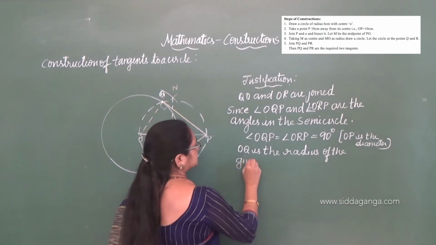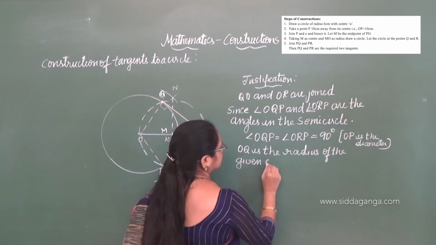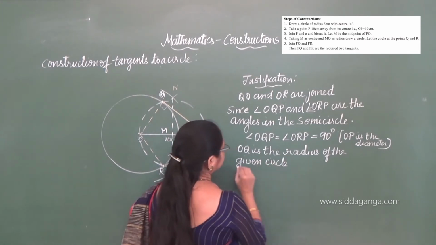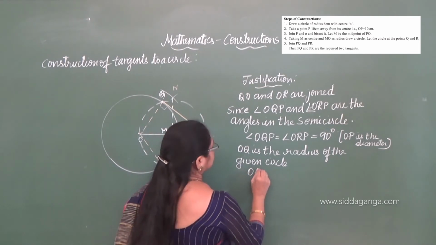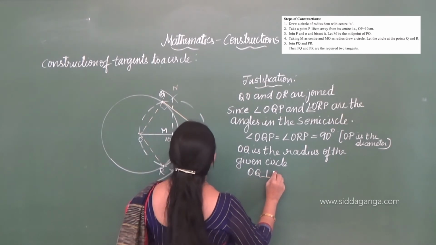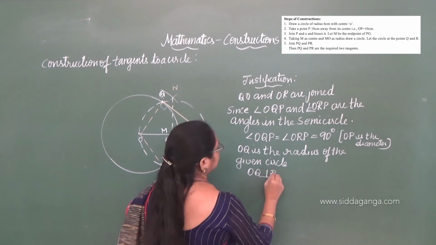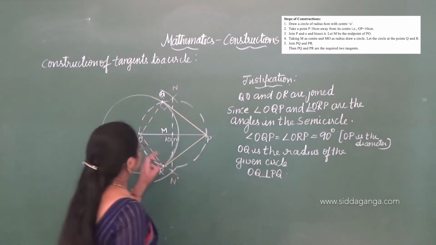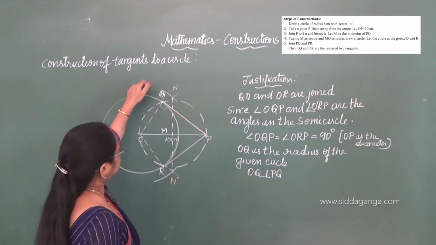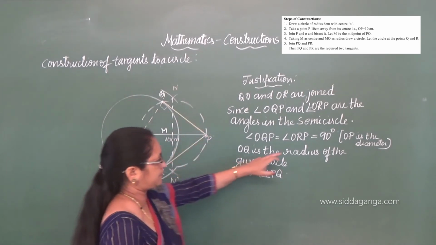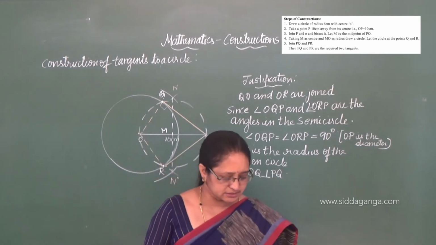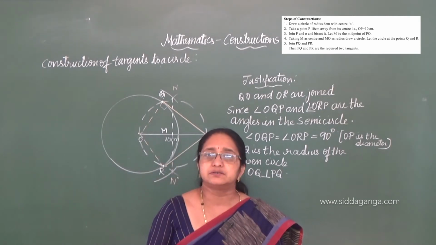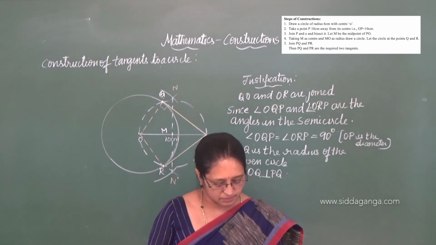Yes or no? Please, you have to see that given circle. Therefore, OQ is perpendicular to PQ, because just now I proved it is 90 degree, and hence the radius and the tangents are perpendicular to each other.